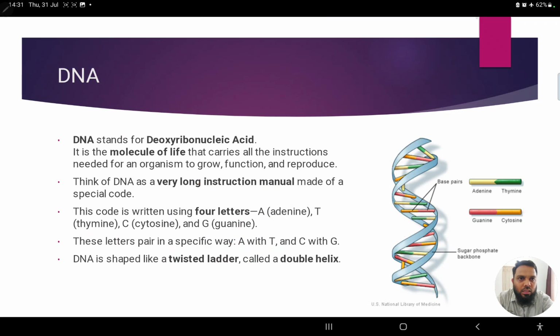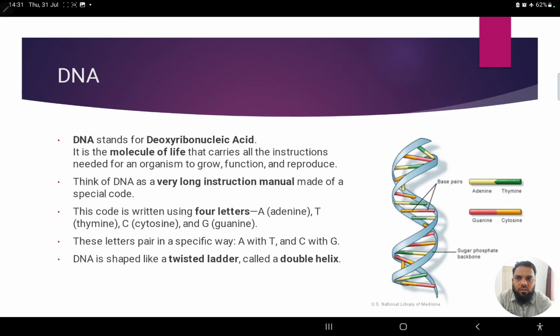This is a twisted ladder, or can be considered as a double helix structure. And these 4 letters you can observe here, adenine, thymine, guanine, and cytosine, are placed inside the double helix structure in some sort of combinations. So this particular structure is generally referred to as a DNA, right?